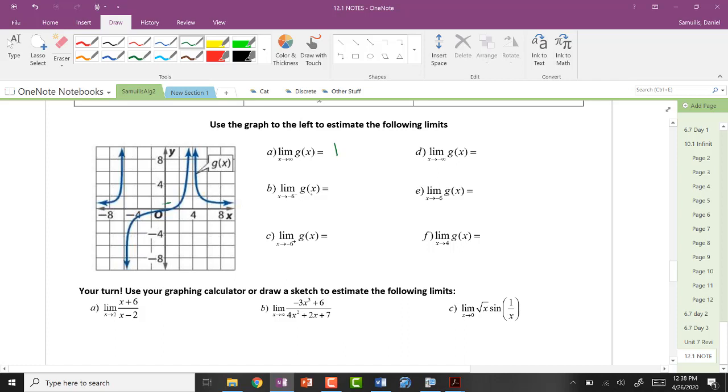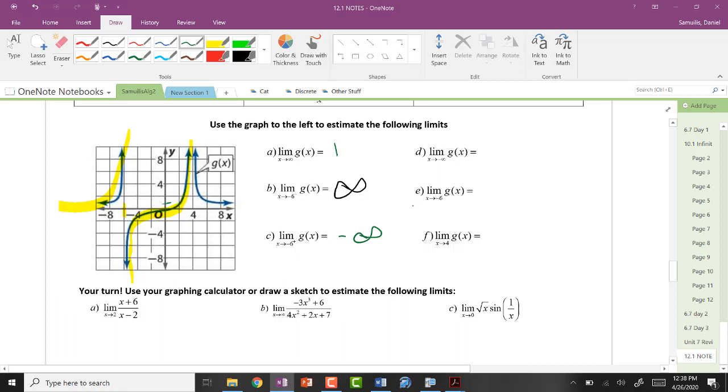Next, the limit of g of x as x approaches -6 from the left side. Coming from the left, the y values are headed towards infinity. As you're approaching -6 from the right side, that's headed towards -infinity.